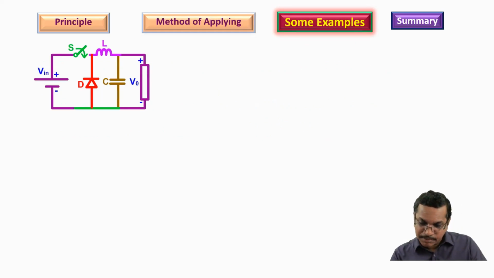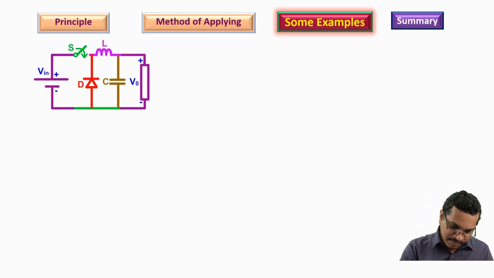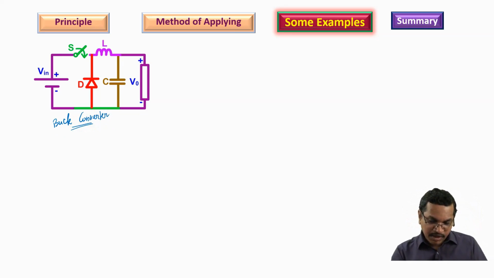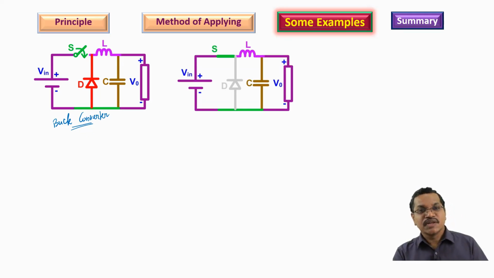Now let us take up few examples. This is the familiar buck converter, well-known circuit of a classical buck converter. Of course, in one of the videos we have come across how to arrange the elements and how we end up with a buck converter. Now in this buck converter, when we turn on the switch, the equivalent circuit is going to look like this, wherein the diode, which is indicated as light gray, is going to be off, and the switch will be conducting, turned on.